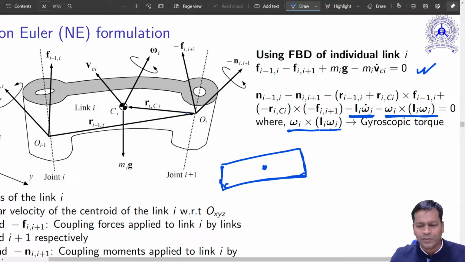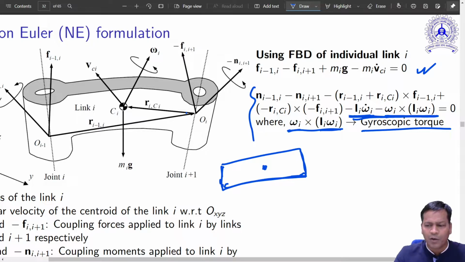Okay, so this is what is the gyroscopic torque, because the motion is not just in a plane, it is in a three-dimensional space. So this force is also there. Okay, this torque, this moment is also visible. So finally you see all these. So this is what is the combined Euler equation, and this is the Newtonian equation. So these two equations make it all.